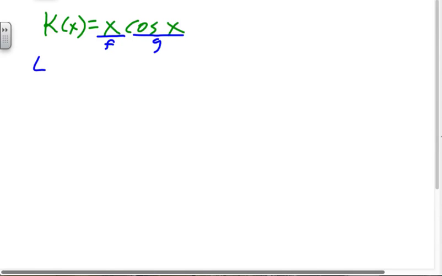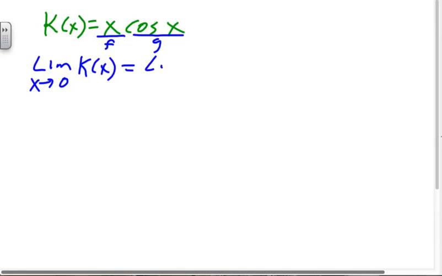Let's take a look at another example. k of x equals x cosine of x. All right. There's f. There's g. All right. So I've got a product of two different ones. We want to find the limit as x goes to 0 of k of x.